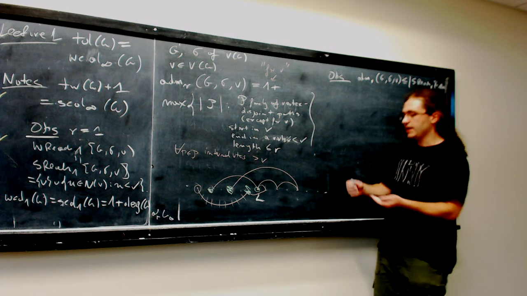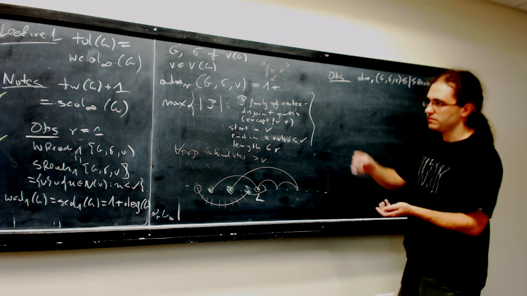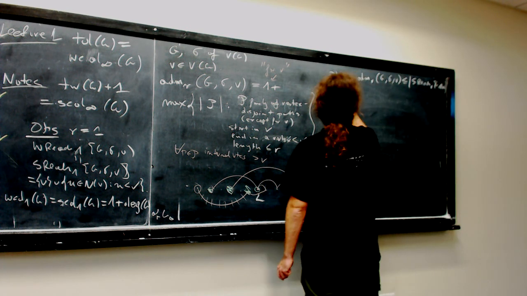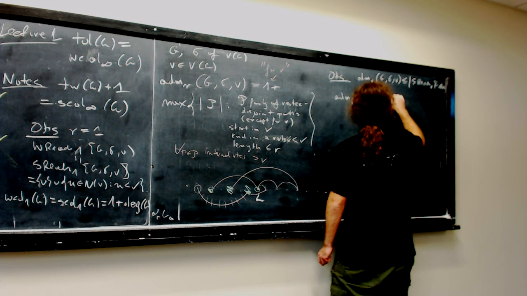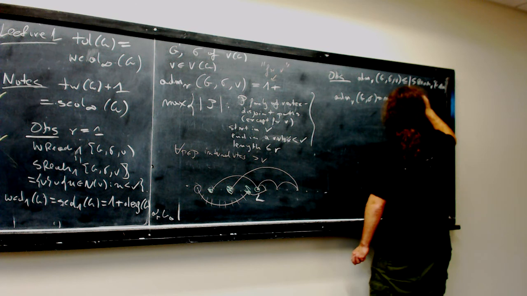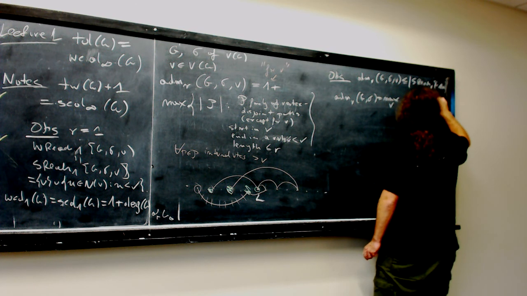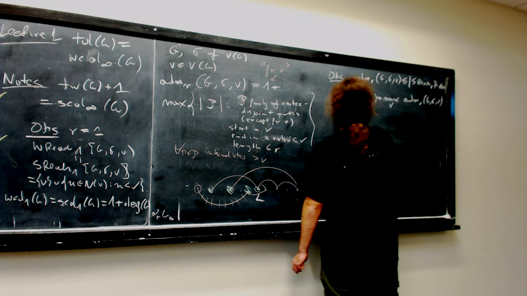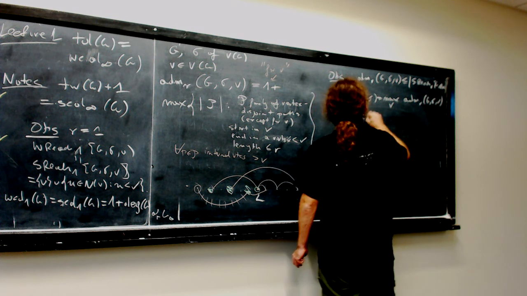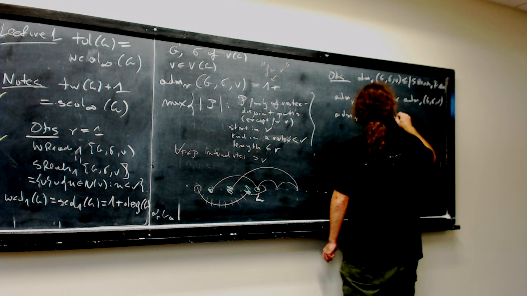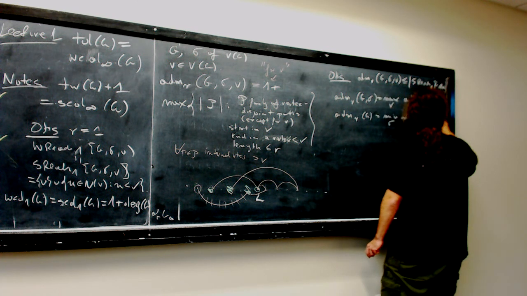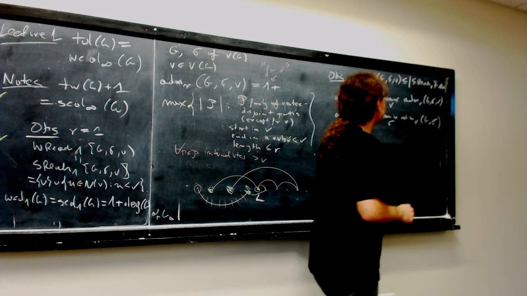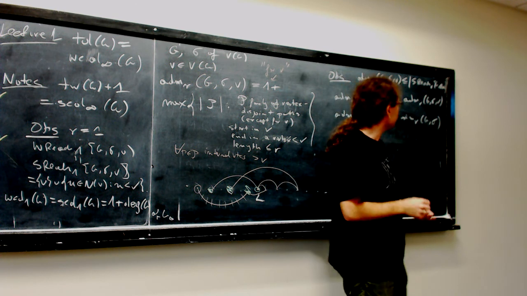Okay, and again we can have the same definitions: admissibility r of G sigma is the maximum over v of admissibility r of G sigma v, and admissibility r of G is the minimization over sigma of admissibility r of G sigma.